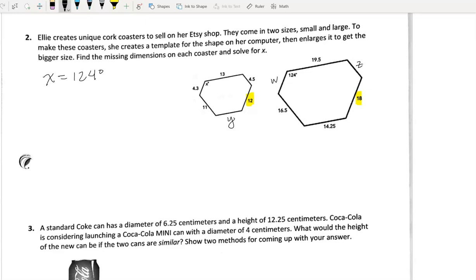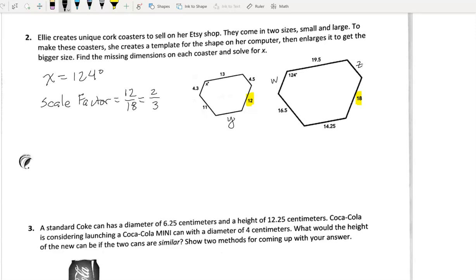Okay, let's find our scale factor. I'm going to go left to right, so 12 over 18. Each of these can be divided by 6, so 12 divided by 6 is 2, and 18 divided by 6 is 3.